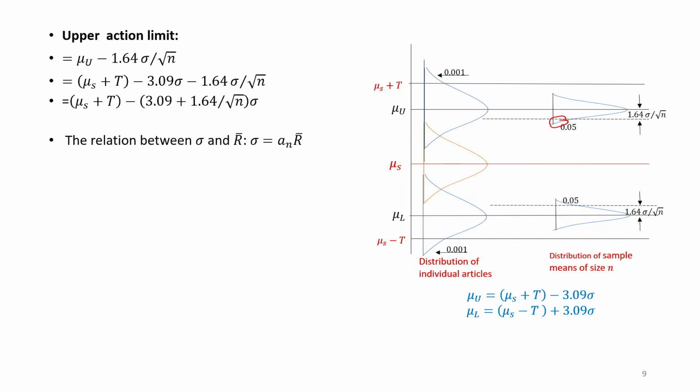You will find that the value of Z is 1.64 when alpha is taken as 0.05. That's why it is 1.64. So the upper action limit will be the previous one minus this. The dotted line is showing where it will be located. It will be located 1.64 sigma by root n away. This much is going to be the difference between the previous limit and the present limit.